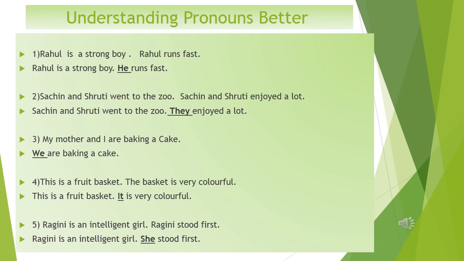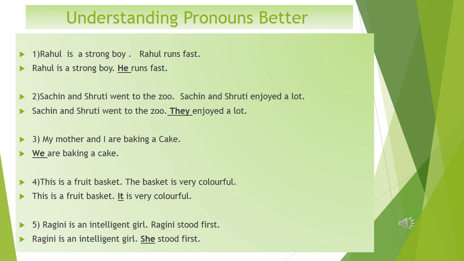Then why do you need to repeat Ragini's name again and again? In the first sentence, okay, you can leave Ragini. When you start your sentence, you can leave the word Ragini. And when you write your second sentence, then please remove Ragini and replace it with the pronoun she.